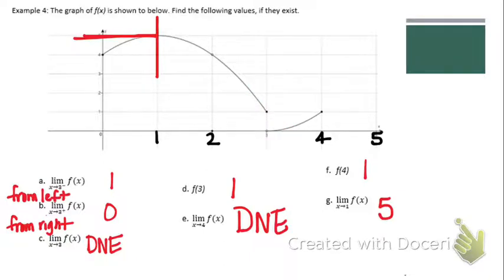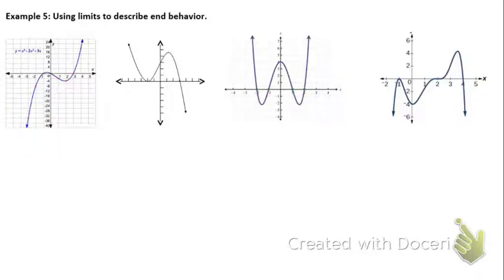Alrighty, so let's describe the end behavior of these graphs as a limit. First of all, when you're writing the end behavior as a limit, for the left side you would say the limit as x approaches negative infinity.